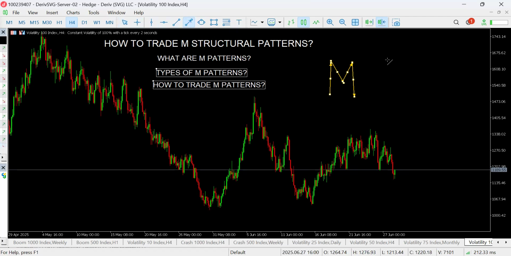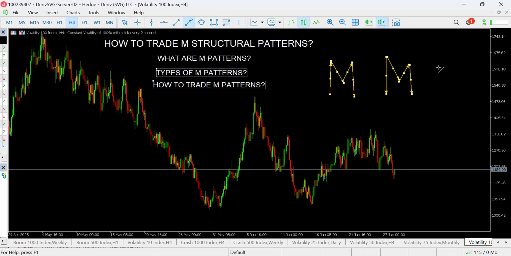Then there's another formation of M pattern that has a higher high. In other words, we have the first touch, we have the second, then the next high is usually lower than the first high. So this is the second formation of the M pattern.